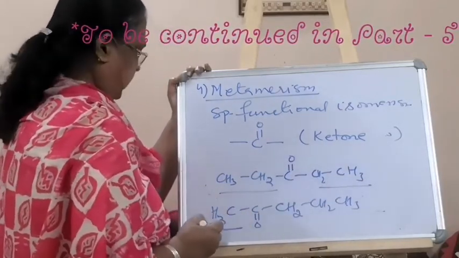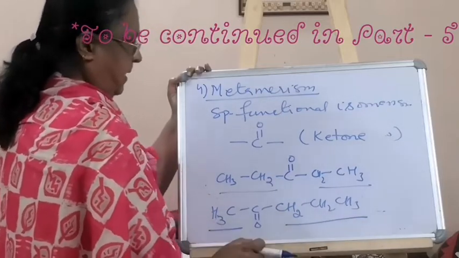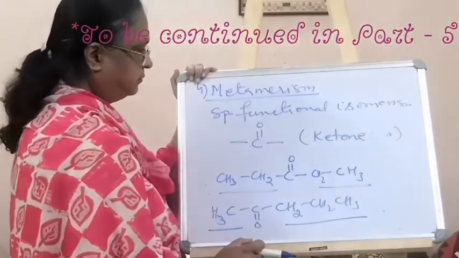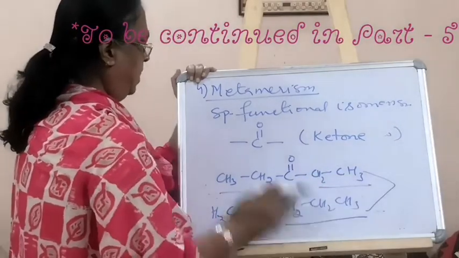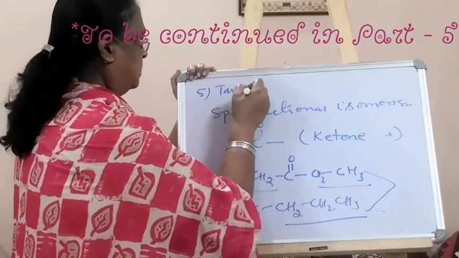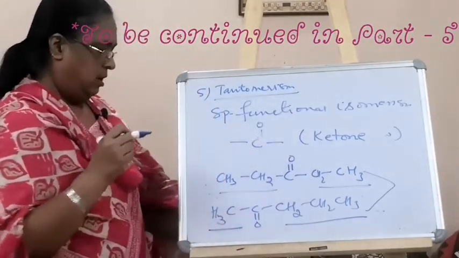In the other, one side methyl, other side propyl. So they differ in the type of alkyl group on either side of the functional group. So these two are metamers. The fifth kind is tautomerism, and that I will teach you in the next class. So till then, bye.